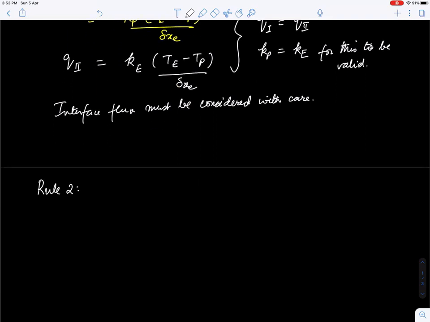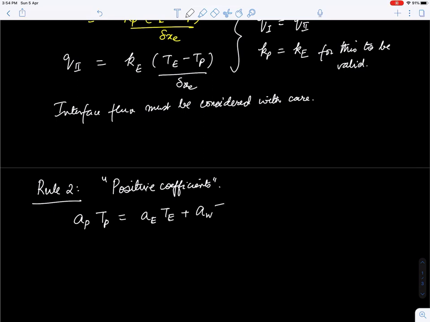Rule 2 talks about positive coefficients in our discretization equation. So we've been writing our discretization equation as APTP equals AETE plus AWTW plus B. This is basically a 1D equation, right?